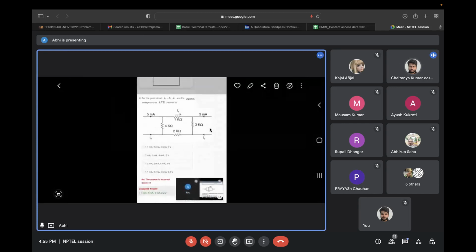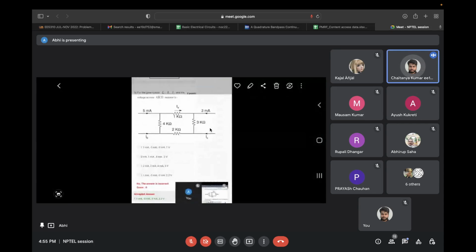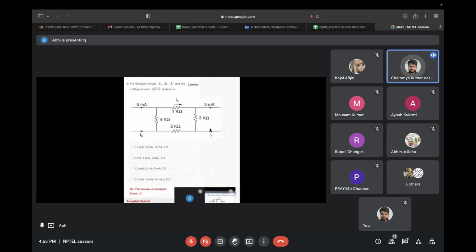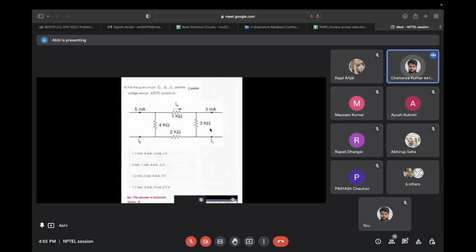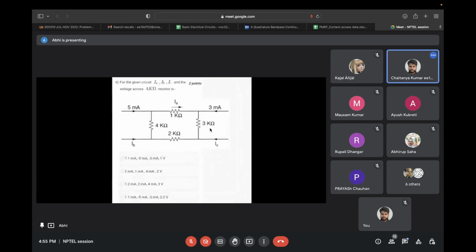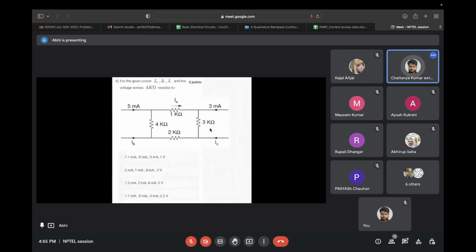Okay, so what is asked in the question is, you need to find for the given circuit IA, IB, IC, and the voltage across the 4 kilo ohm resistor. Have you tried this question?